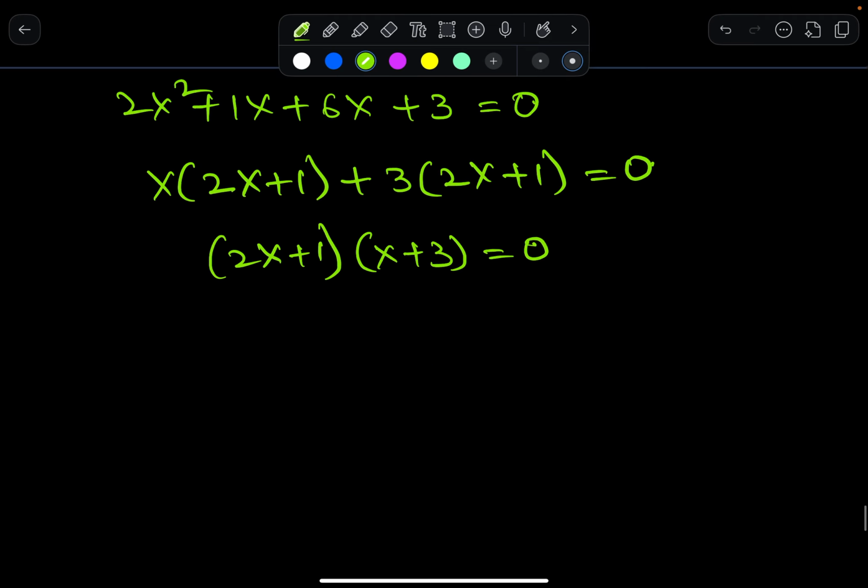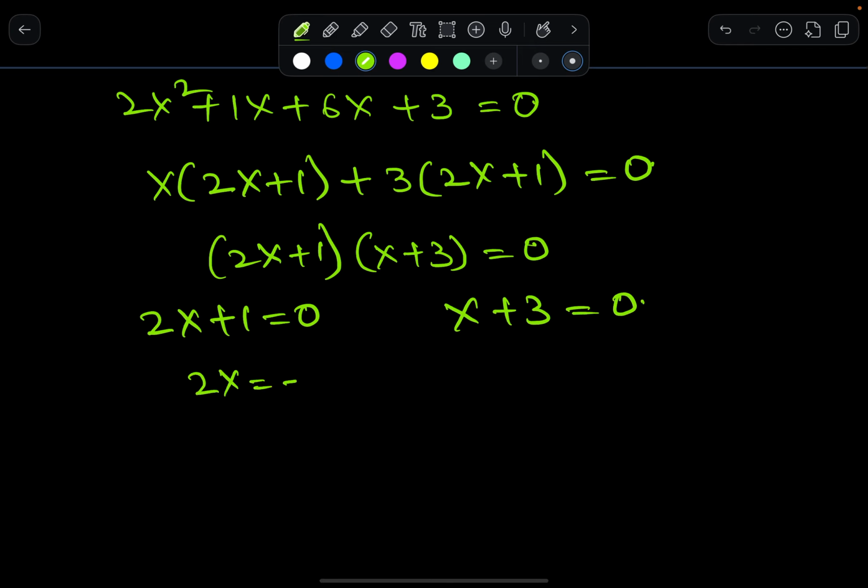So for this equation to be correct, either 2x plus 1 should be equal to 0 or x plus 3 should be equal to 0. So 2x equal to minus 1, x equal to minus 1 by 2, or x equal to minus 3.